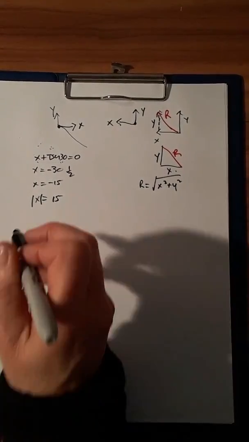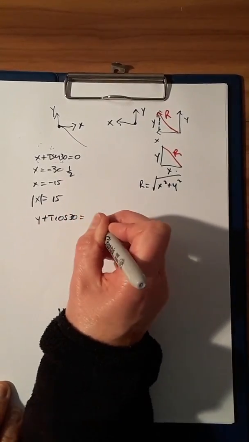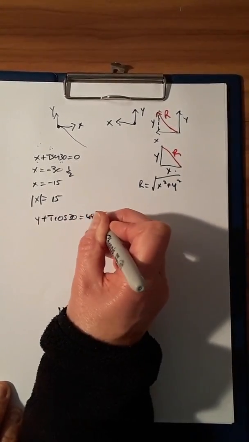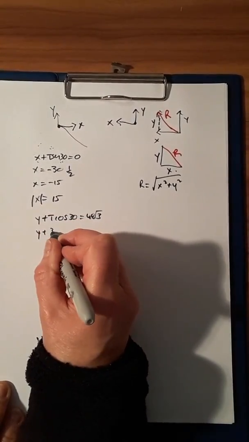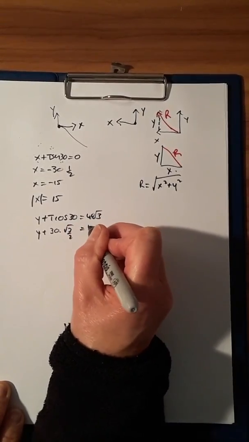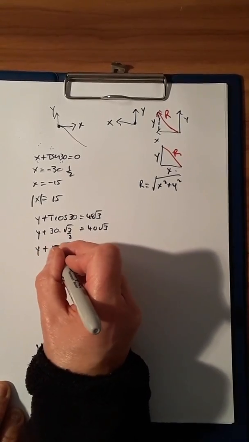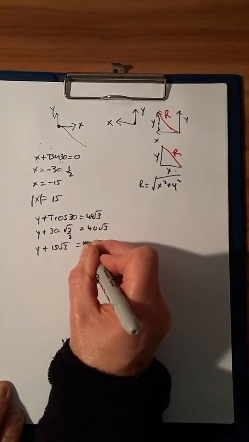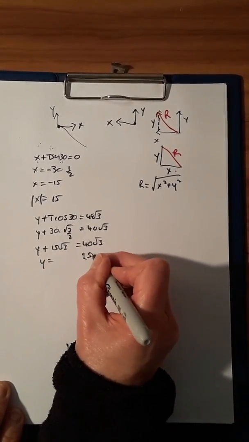Okay, the other equation was that Y plus T cos 30 is equal to 40 root 3. So when I fill in the necessary parts here, T is 30, cos of 30 is root 3 over 2. This will give me 15, so Y plus 15 root 3 is equal to 40 root 3, and when I bring this over, this gives me 25 root 3.